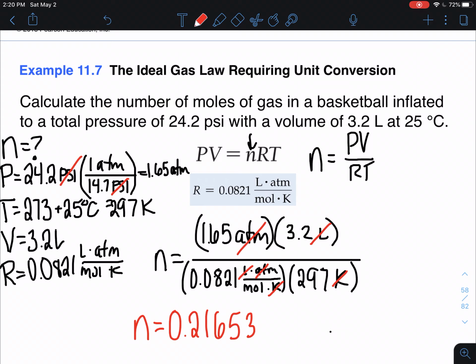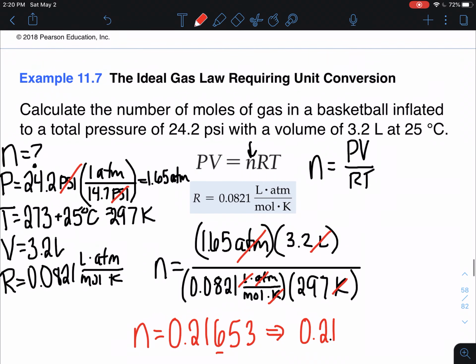And we're looking at 3 sig figs, so that's going to round to 0.217, and that's going to be mole gas. So 0.217 mole gas. Okay. So again, that should make intuitive sense to you guys too, because, well, it doesn't necessarily make intuitive sense because we didn't have a before and after, but I'm just going to move forward.